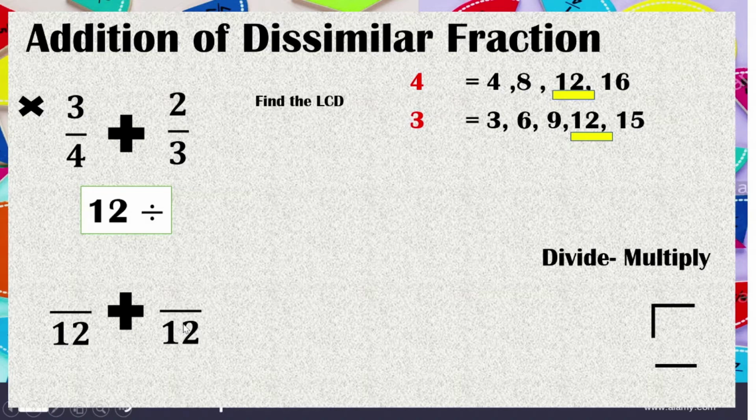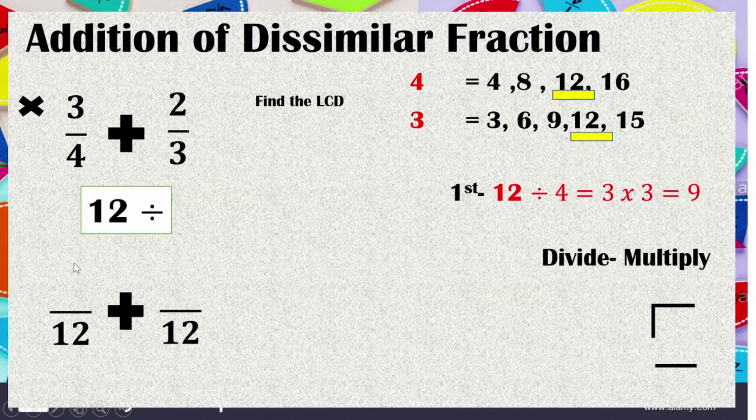Okay, so divide na tayo. You're going to divide 12 divided by 4 is 3. Times 3 is 9. Tama? 12 divided by 4 is equal to 3 times 3 is equal to 9.